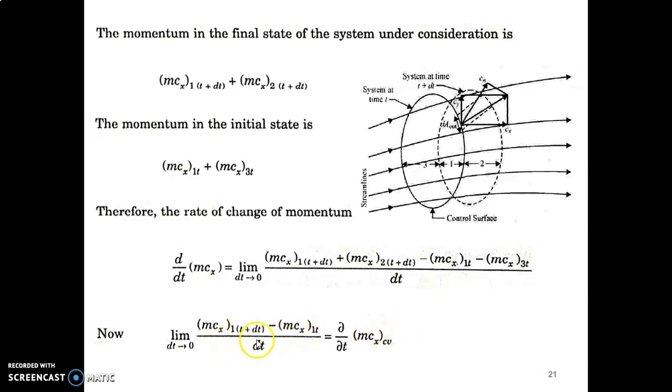Therefore this limit of the change in momentum will give dou by dou t of mcx of the control volume. Because we have taken region 1 only, mcx suffix 1. Look at this, both these terms will have suffix 1. That's why we have written it as control volume, dou by dou t mcx control volume.